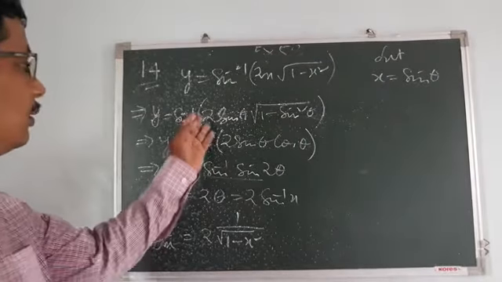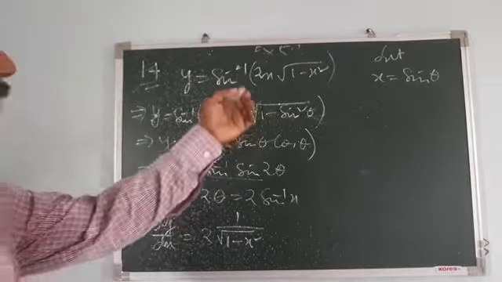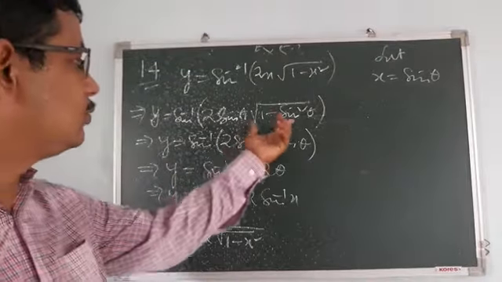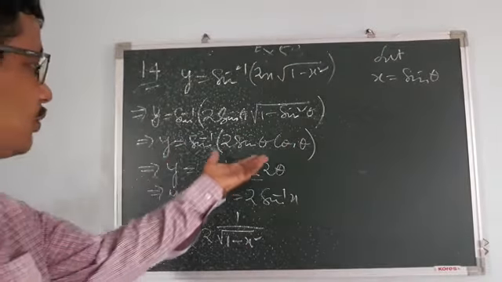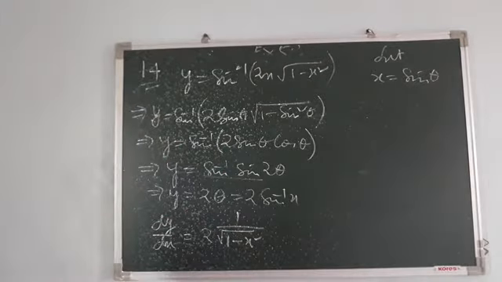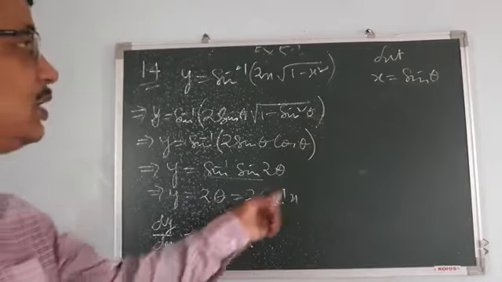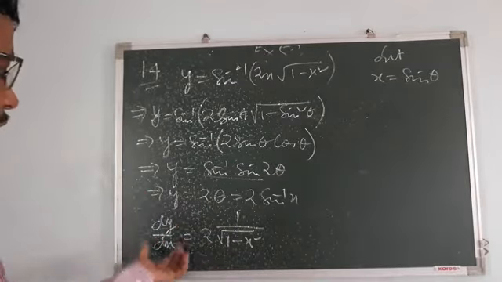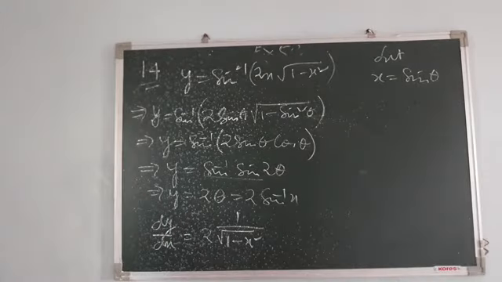Then we get y is equal to sine inverse of 2 sine theta root over 1 minus sine square theta. 2 sine theta gives cos theta. Then this is actually the sine twice theta formula. Sine and sine inverse will cancel, twice theta left. Theta becomes sine inverse x. So if we differentiate this one, 2 into 1 by root over 1 minus x square.